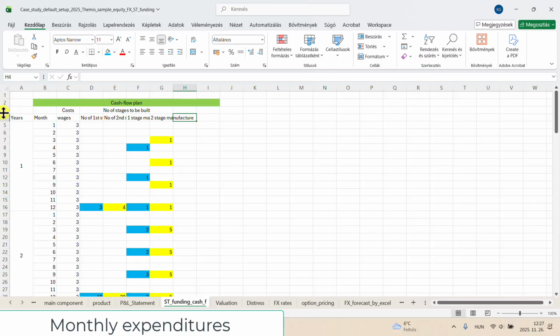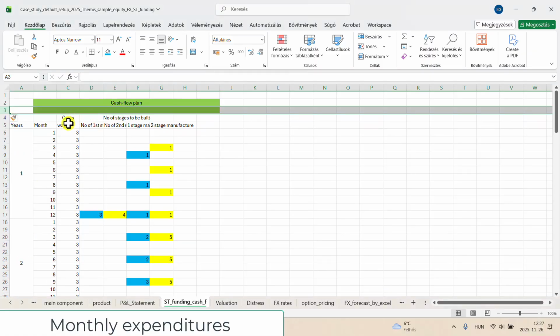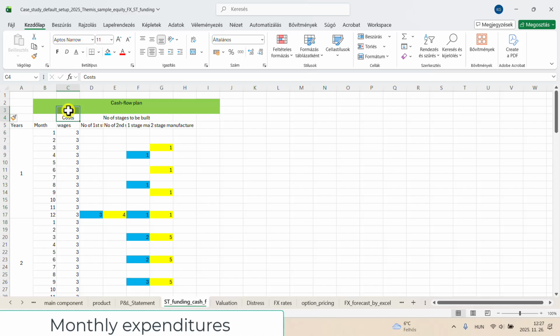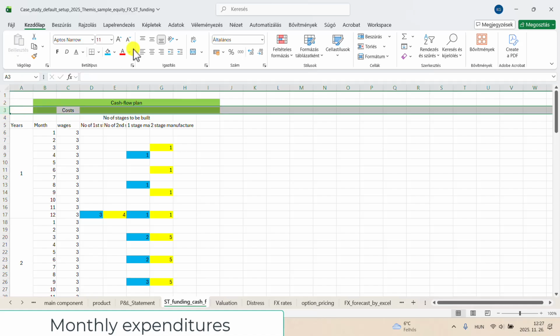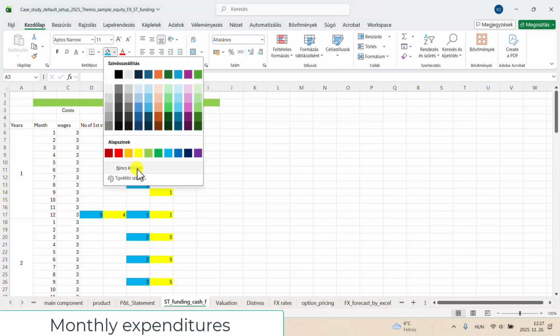So costs again. Let's put this thing down. Costs will go up. Coloring will be removed.